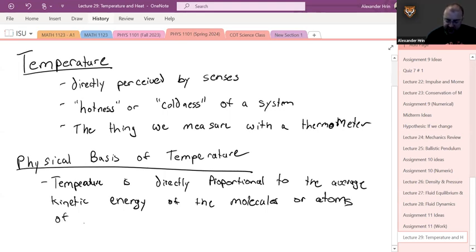Okay. So the idea here is that when we talk about temperature, what we are directly perceiving, we are directly perceiving through our skin, through various other apparatus that can detect temperature.